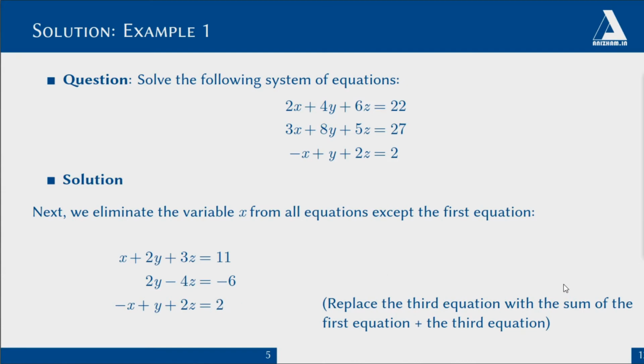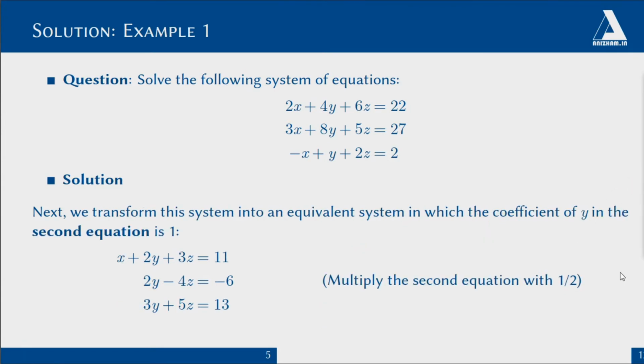So the equation should be 0 plus 3y plus 5z equal to 13. So this relation should replace the third equation. See the third equation.